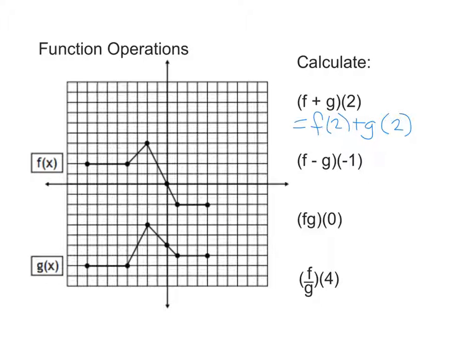If you're asked to find f of 2, it means find for the function f, find its value when x is equal to 2. And the function value means the y value. So you're looking for the y value when x is equal to 2 on that f function.